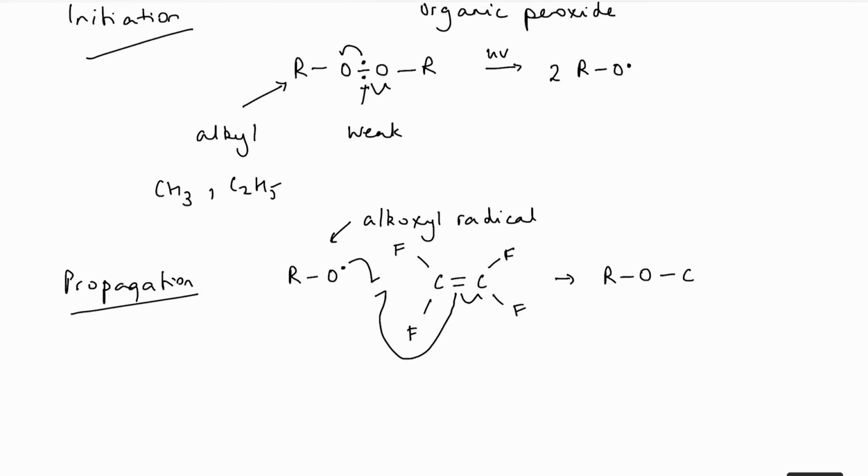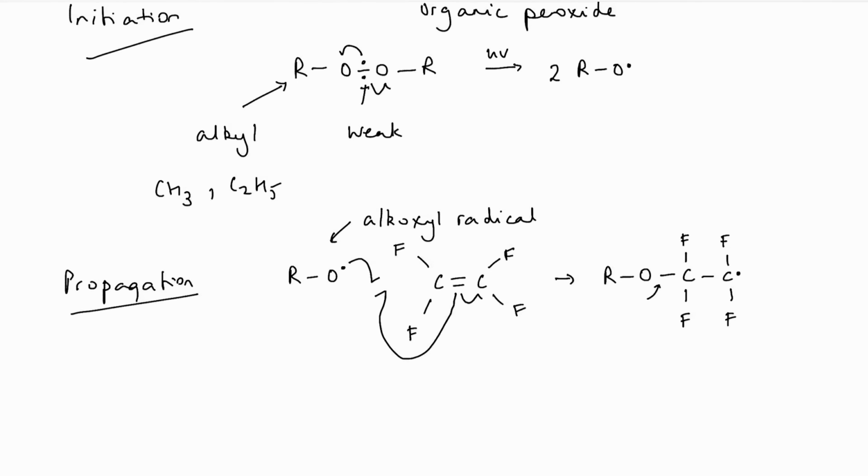We've got a new bond formed between the oxygen and the carbon. The fluorines stay in place. That double bond is now a single bond because I've used one of the electrons to make this new bond here, and the other is sat on the carbon.